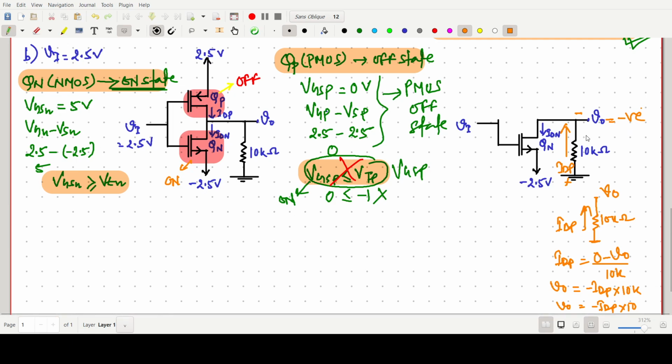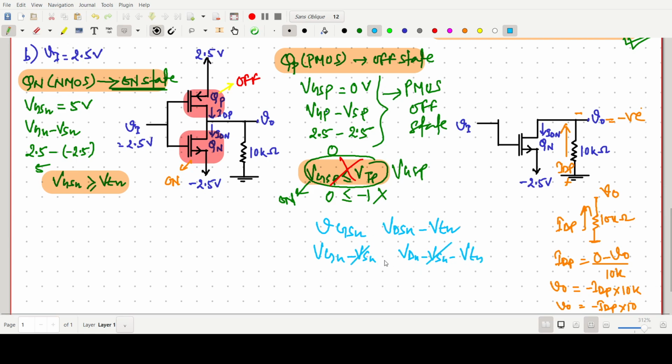Now we first have to discuss in which region this circuit is operating. Basically we have to focus on this QN transistor. So now we take VGSN and VDSN minus VTN. VGS for the NMOS is VGN minus VSN, and VDN minus VSN minus VTN, these two cancel out.